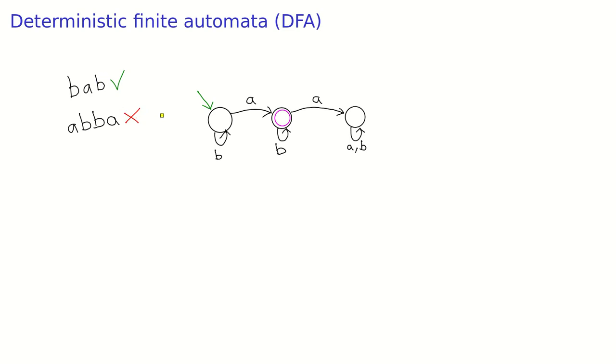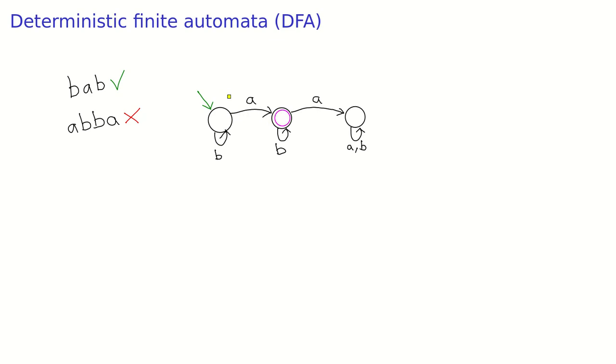Okay, now that we have a basic idea of how a DFA works, let's go a little into detail. We cannot give just any string to this DFA. We can only give certain strings to it because it doesn't have, for example, an outgoing C arrow or D arrow. It just has A and B arrows everywhere. So every DFA is connected to an alphabet.